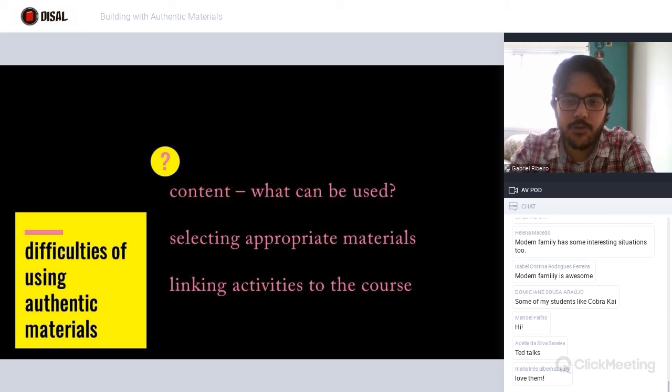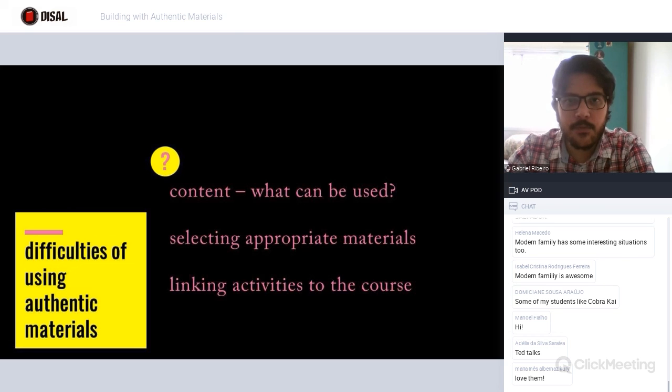So is the language going to be accessible to our students? When we're talking about authentic materials, we can't be sure unless we really analyze it. And this is very time consuming, right? We need to watch the video once and make sure that it's decently appropriate in terms of language, in terms of speed of delivery, in terms of how well they're going to understand it.